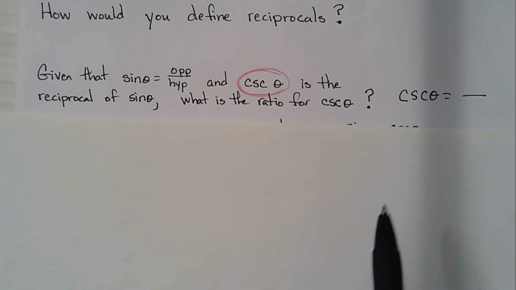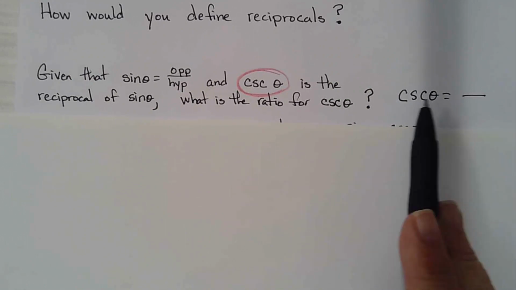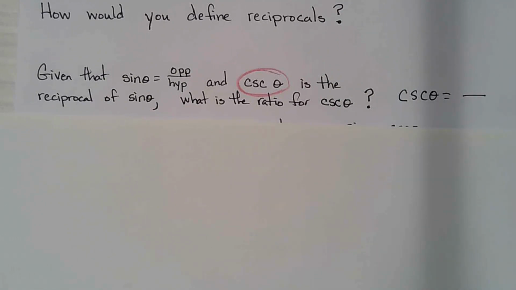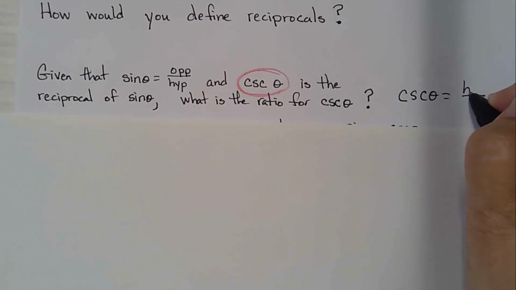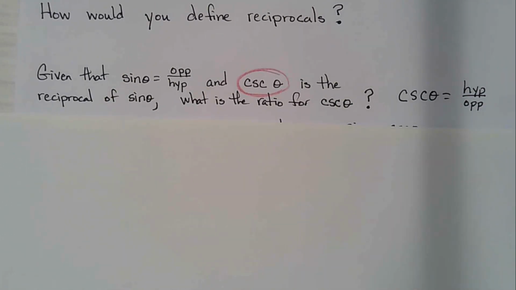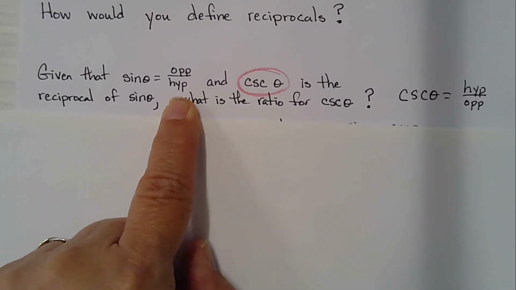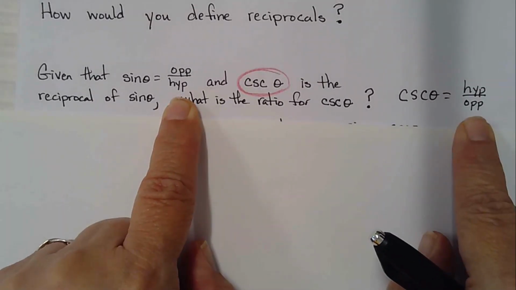I'm asking you the ratio for cosecant of theta, that's what this stands for, and the ratio is a fraction. Will says hypotenuse over opposite. Does everybody see that? Because if sine is opposite over hypotenuse, and this guy is the reciprocal, it has to be hypotenuse over opposite.